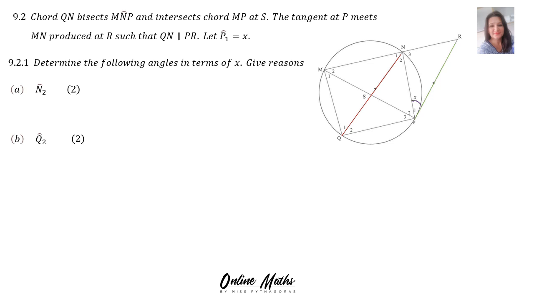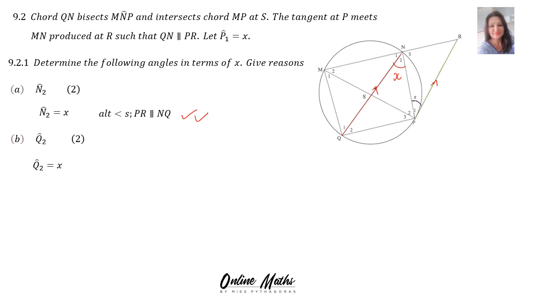Determine the following angles in terms of X. Give reasons. N2. Well, N2 is equal to X, and your reason is alternate angles equal because PR is parallel to QN. So it's that angle over there, also X, with 2 marks, statement reason.